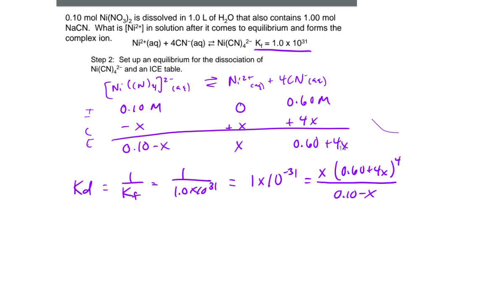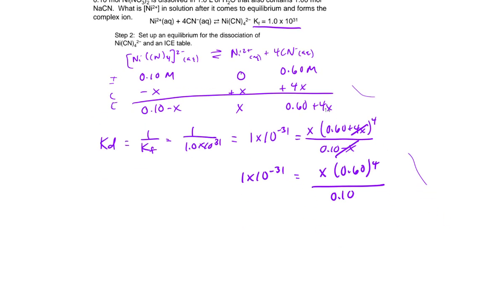So we're going to be able to ignore this 4X and this X. So we're going to have 1 times 10 to the minus 31 equals X times 0.6 raised to the 4th divided by 0.1. And that's a much more approachable calculation.